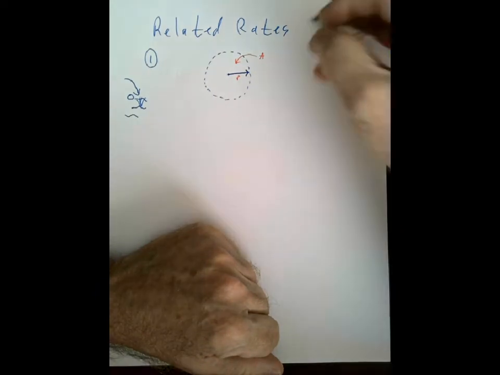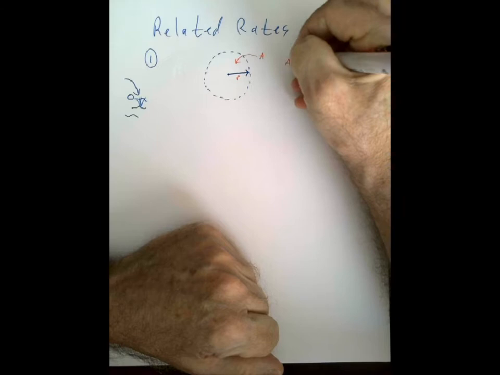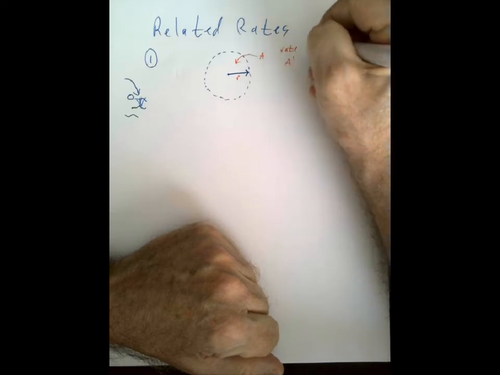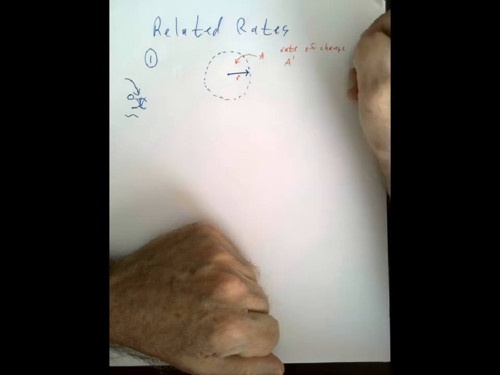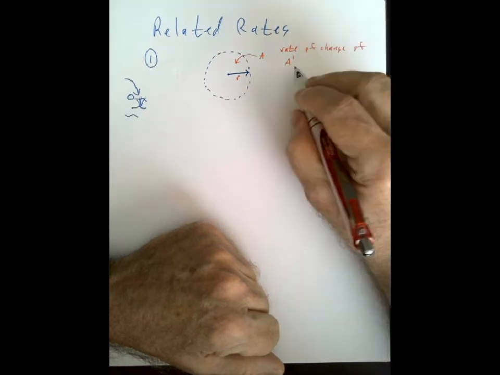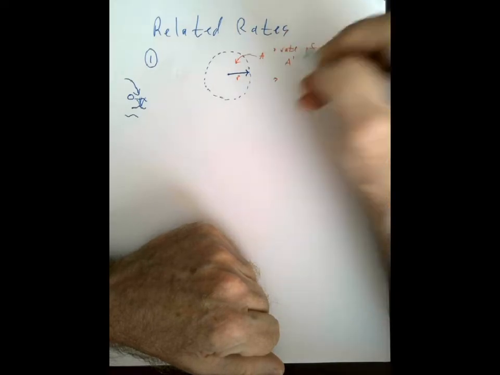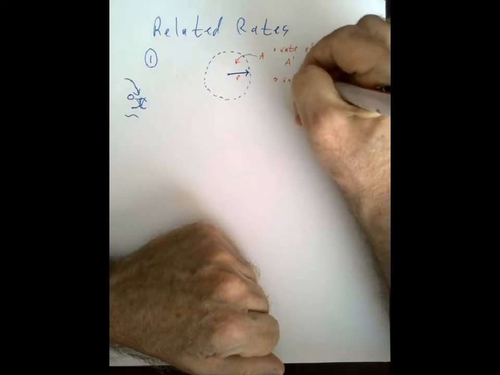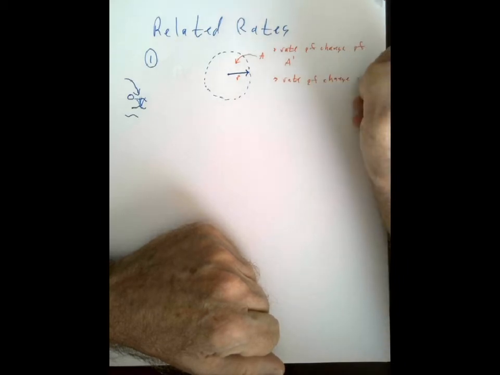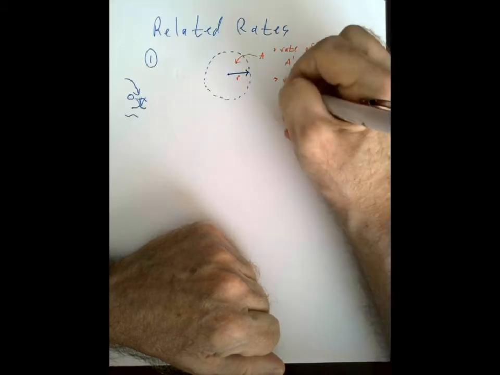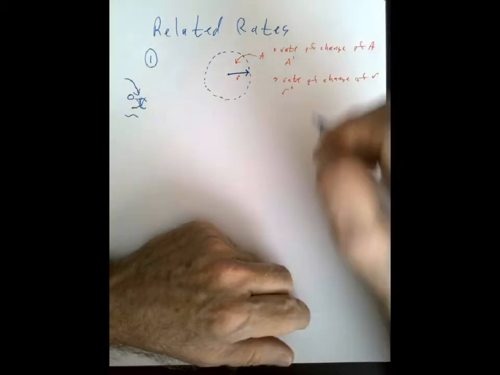In other words, the rate of change of the area, specifically in this case the rate of increase of the area, is going to be related to the rate of change of R, which is R prime.